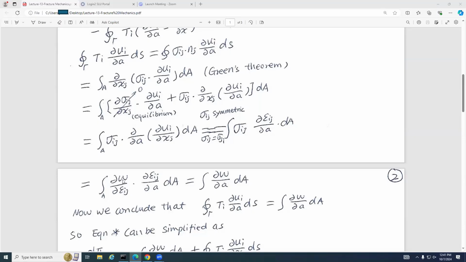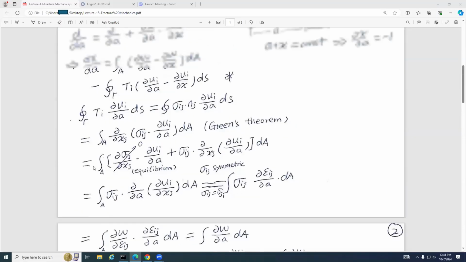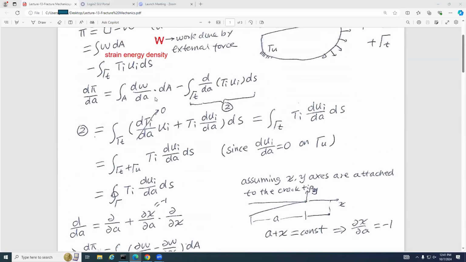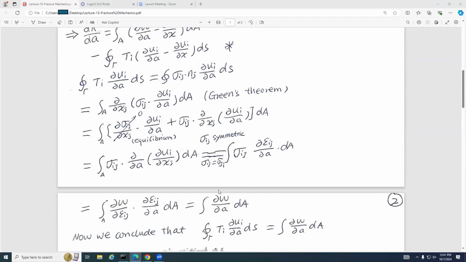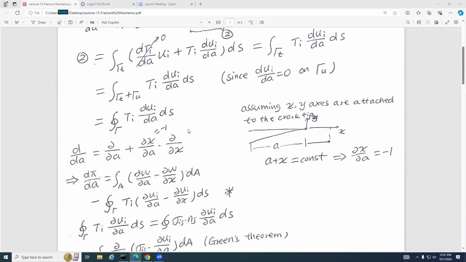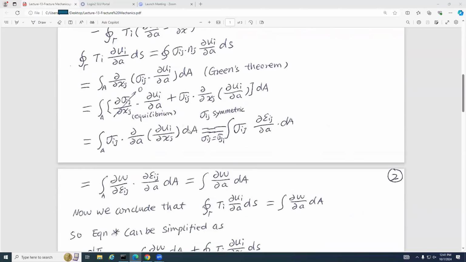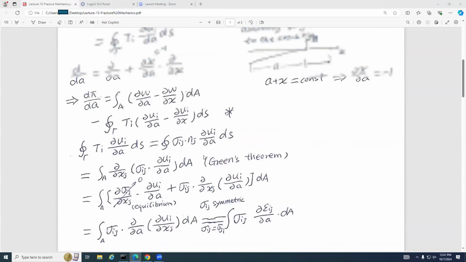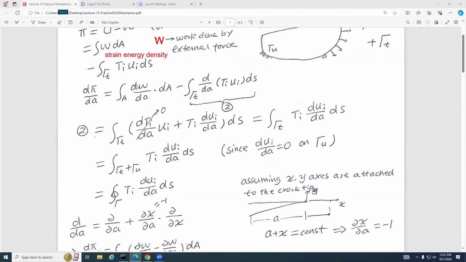Now we conclude that this guy equals this: d omega dA, d capital A. So this part equals this part.